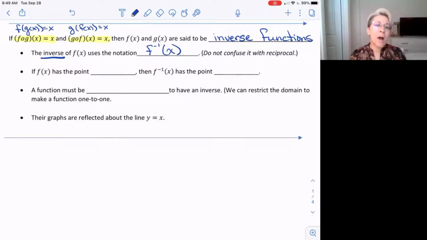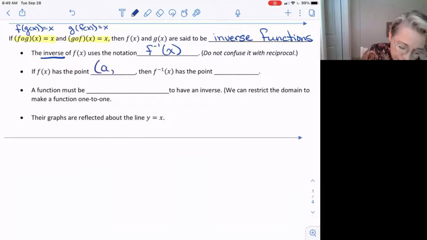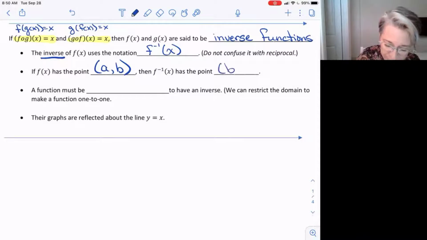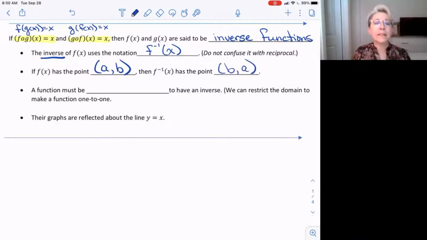One interesting thing about inverse functions, if f of x has the point, let's say (a, b), its inverse function will have the point (b, a). I love having questions like that on a test or a graph.